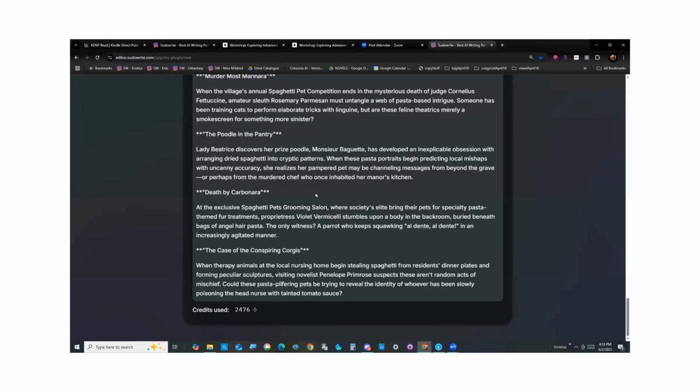I want that one. Okay, I'll save it. The poodle in the pantry. Lady Beatrice discovers her poodle Monsieur Baguette has developed an inexplicable obsession with arranging dried spaghetti into cryptic patterns. When these pasta portraits begin predicting local mishaps with uncanny accuracy, she realizes her pampered pet may be channeling messages from beyond the grave, or perhaps from the bird chef who once inhabited her manor's kitchen.